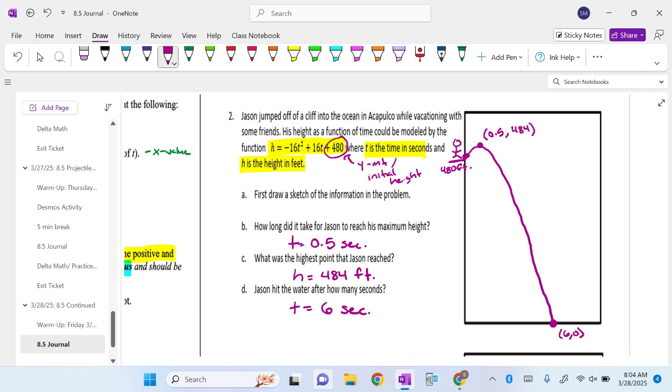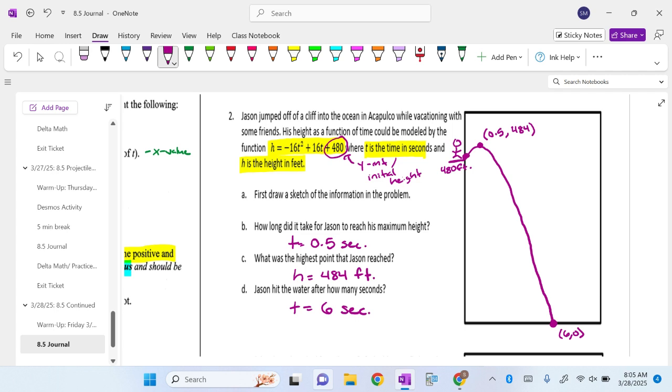All right. Last one. Jason hit the water after how many seconds? Addie. Okay. Ben, help her out. Did you get letter B? Okay.